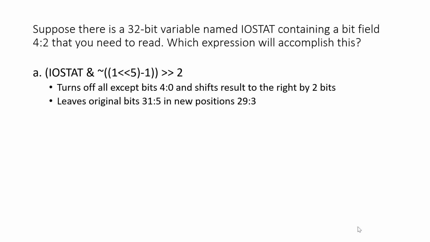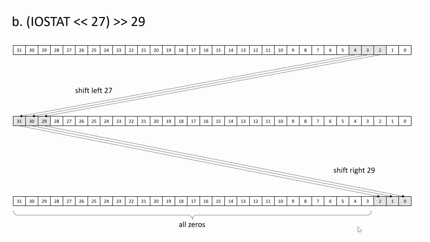Okay. All right, the second option, now I don't think I showed this version in lecture, but as long as you understand what shifting does, you can kind of see how it works. So in this case, you take IO stat, so here's bit 31 down to 0, and you shift that to the left, right?